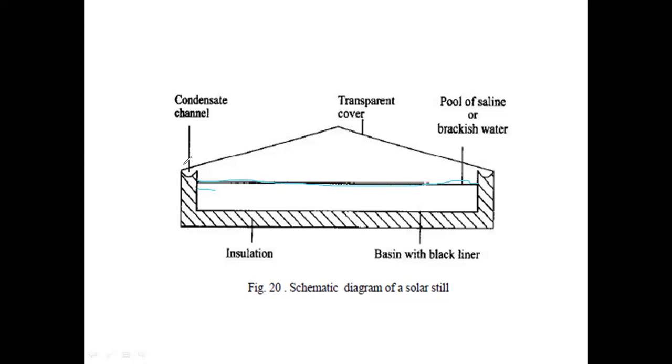Now it is covered with a transparent cover. This is the upper transparent cover, here you can see, and as it is transparent, the solar radiations incident over this transparent cover can enter through it, and these entered radiations are received by the water stored in the pond area.